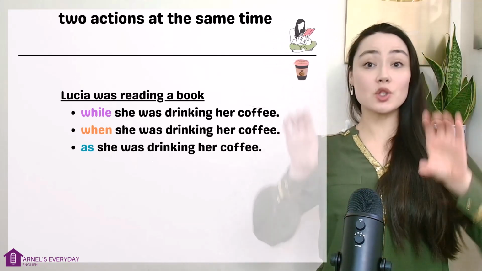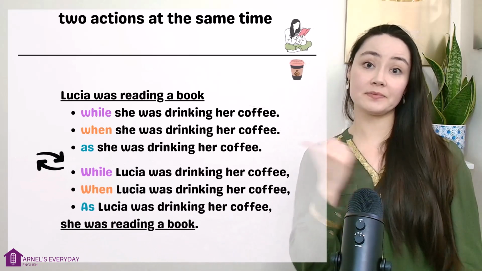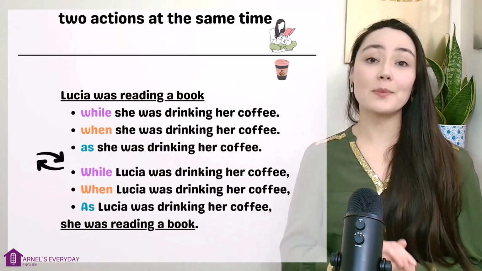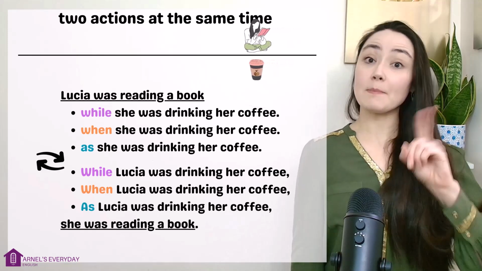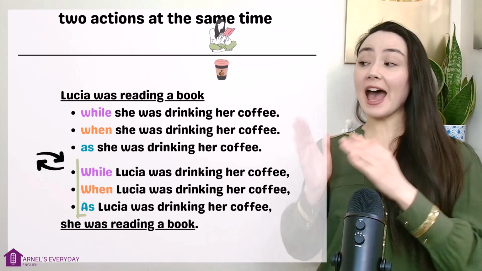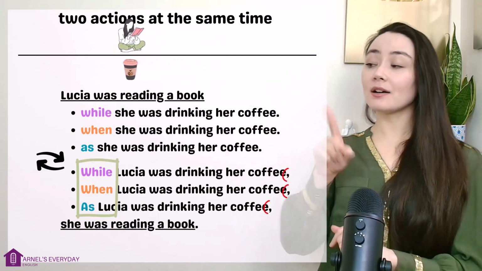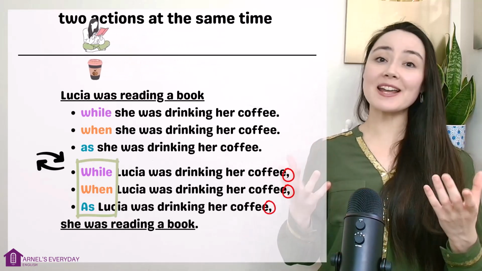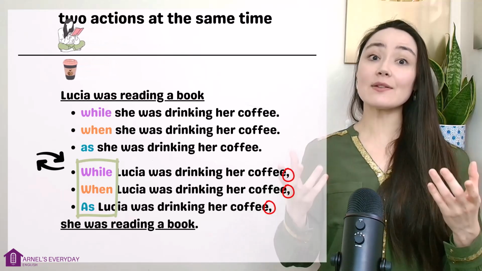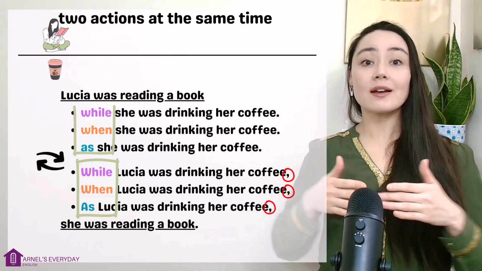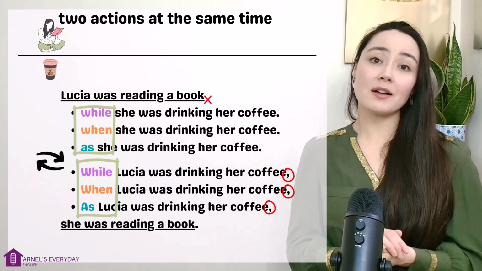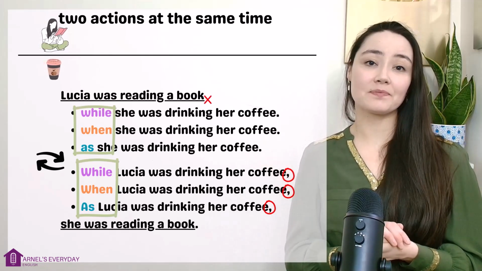Yes, you can also switch the clauses around. No problem. Mini note: if as, while, or when begin your sentence, use a comma to separate the clauses. If as, while, or when come in the middle, no comma is necessary.